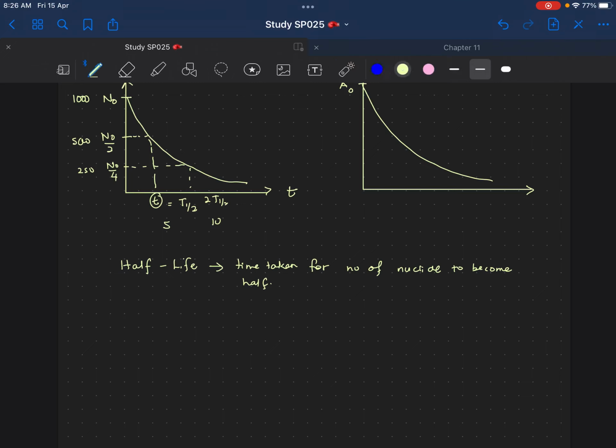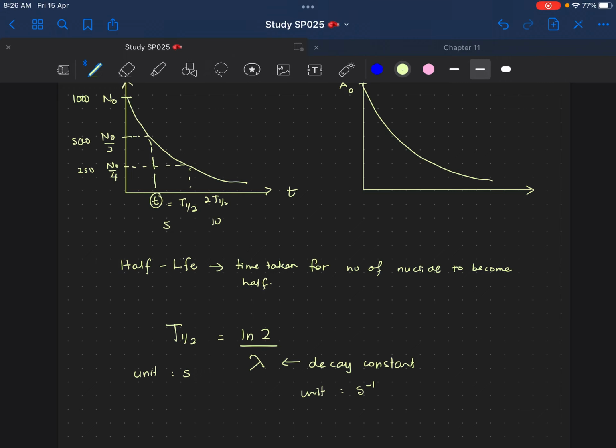Apart from the graph, we can also calculate the half-life using an equation. T half-life is equal to ln 2 over lambda, where lambda is the decay constant. Remember the unit for the decay constant is s^-1, so you can conclude that the unit for half-life is seconds. I prefer that you use the decay constant and half-life in per second or seconds if possible, because sometimes the question will give you hours or years.